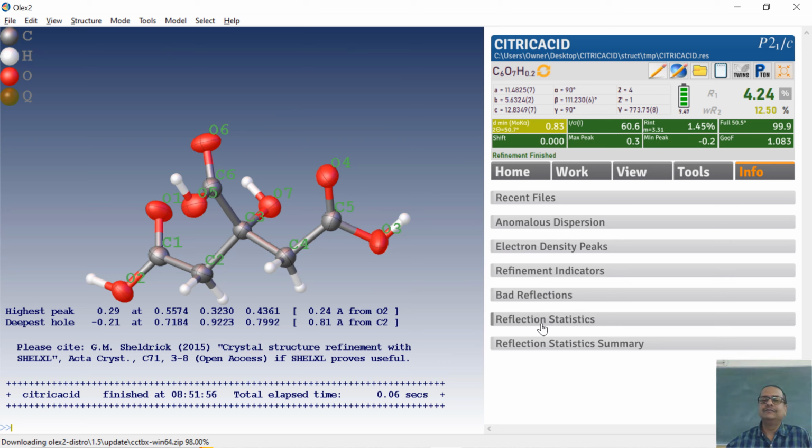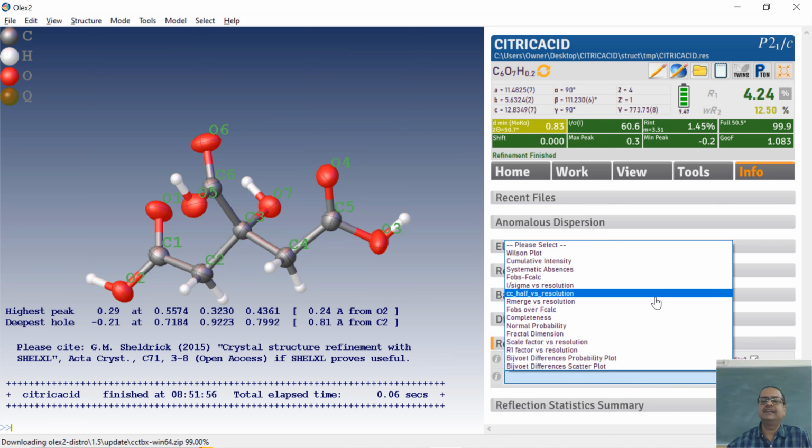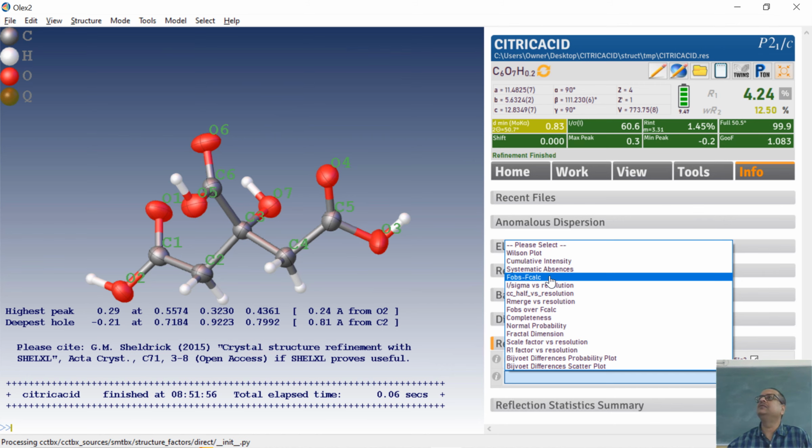So you go to reflection statistics and click on some of the statistics that you want to see. We have not talked about the Wilson plot. We will talk about the Wilson plot after the mid-sem break. This is the F observed minus F calculated plot.